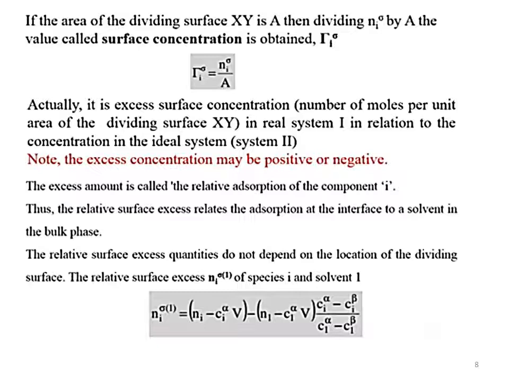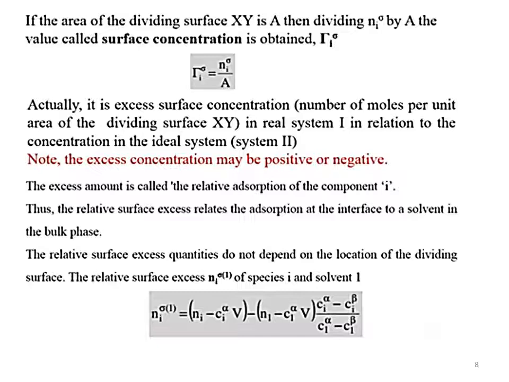Thus the relative surface excess relates the adsorption at the interface to a solvent in the bulk phase. The relative surface excess quantities do not depend on the location of the dividing surface.